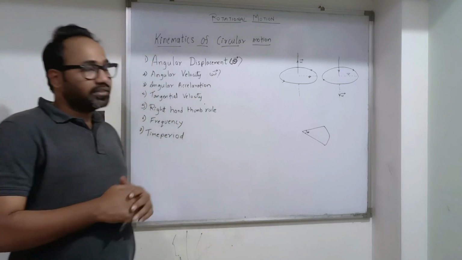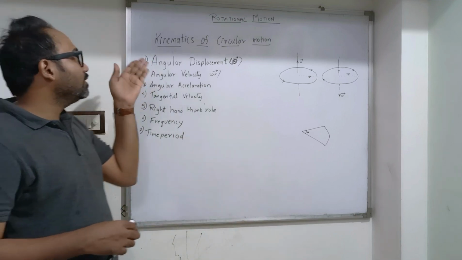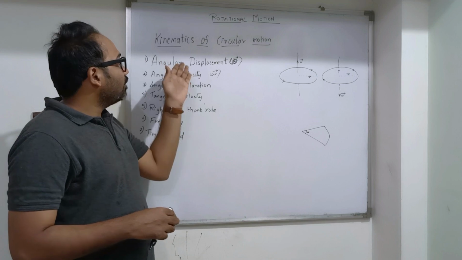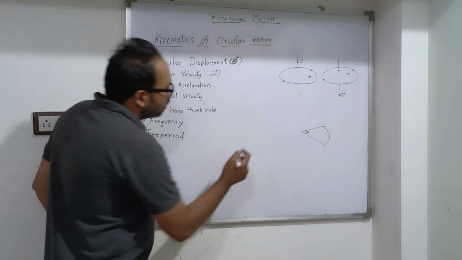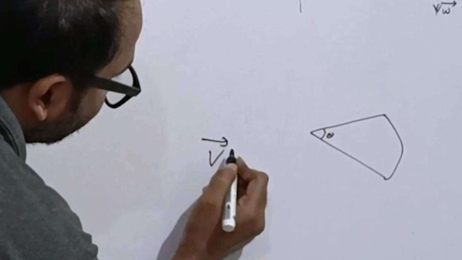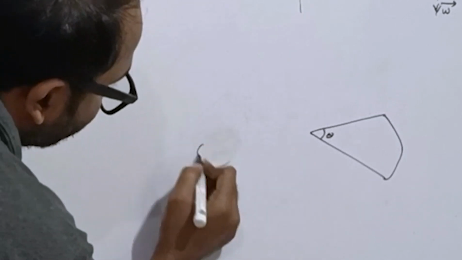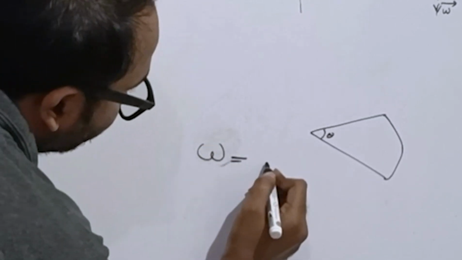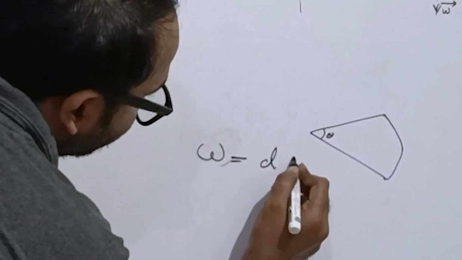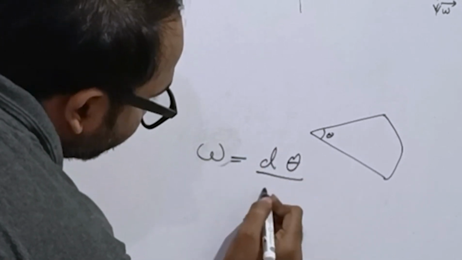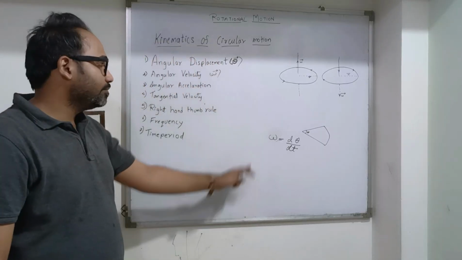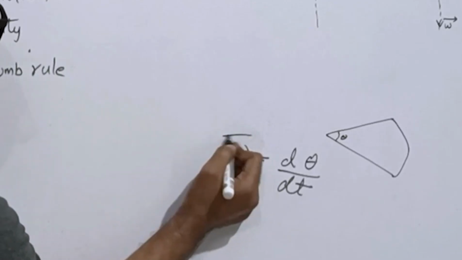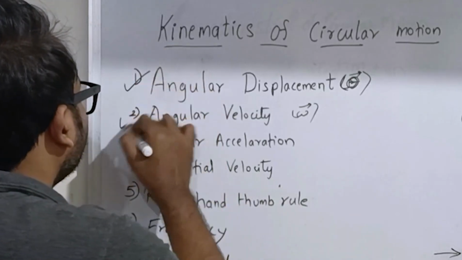Basic simple calculus: it would be the change in angular displacement with respect to time. So angular velocity is equal to the change in angular displacement with respect to time. This becomes your angular velocity.